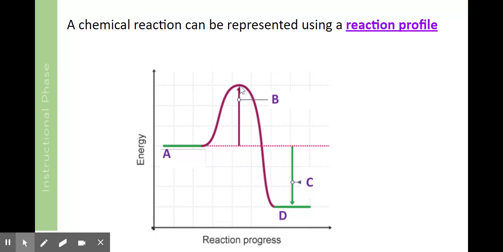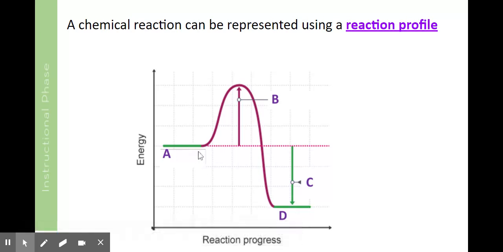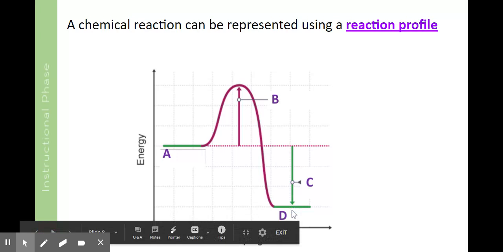Now, once the reaction starts, the energy begins to change from the reactants to the products. So D is showing the energy in the products. You can see A is the energy in the reactants, D is the energy in the products.